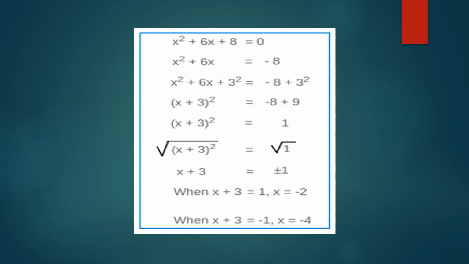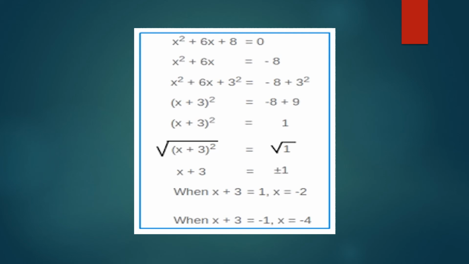Let us take an example and solve it using the completing squares method. Here I have taken the equation x square plus 6x plus 8 equal to 0. And we can see that it is in the standard form of a quadratic equation. Here, first we have to divide the right hand side and left hand side by the quadratic coefficient.